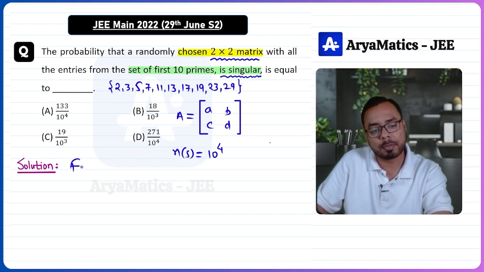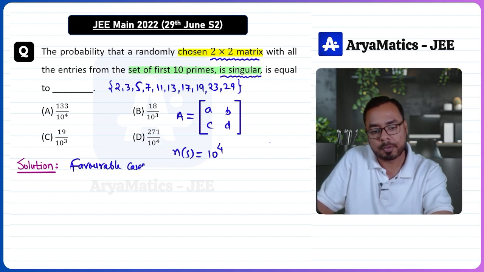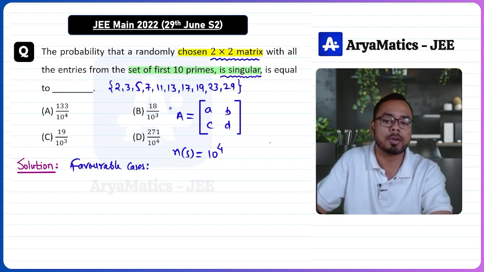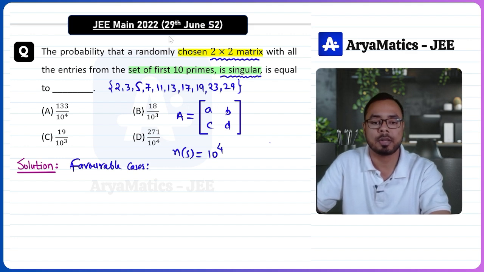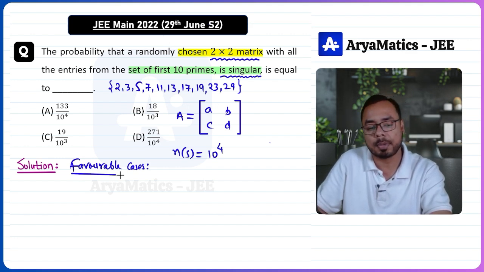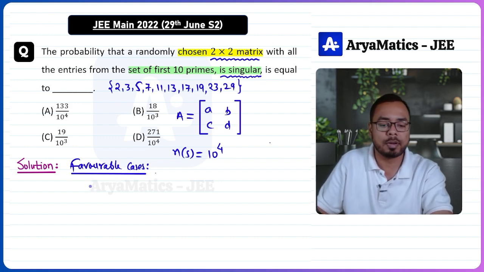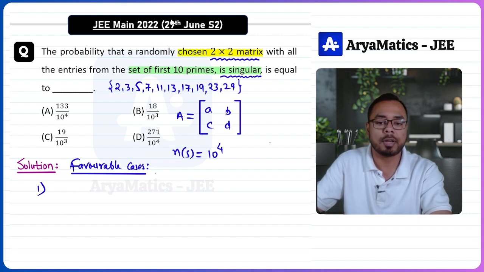Now let us count the favorable cases. Favorable case means out of these 10 raised to 4 matrices, we have to find how many matrices are singular matrix. How many matrices are there whose determinant is 0. Now, see, a singular matrix you can create in different ways. One possibility is that you will pick any one number from here, and you will use the same number in all entries, right?